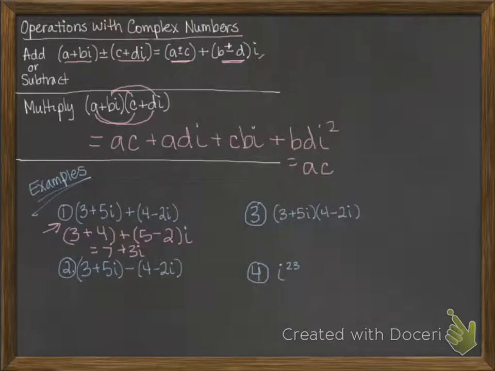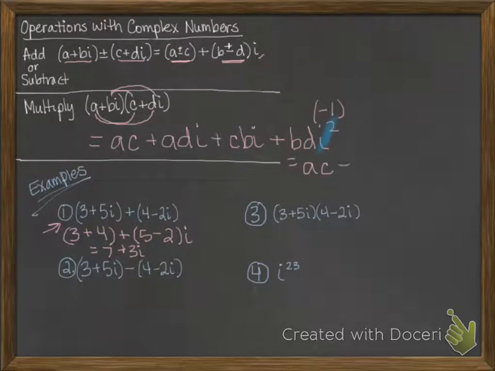ac. What I want to remember now is that when we see i squared, when you see i squared, you think -1 right away. So this bdi squared is bd times -1, or minus bd.